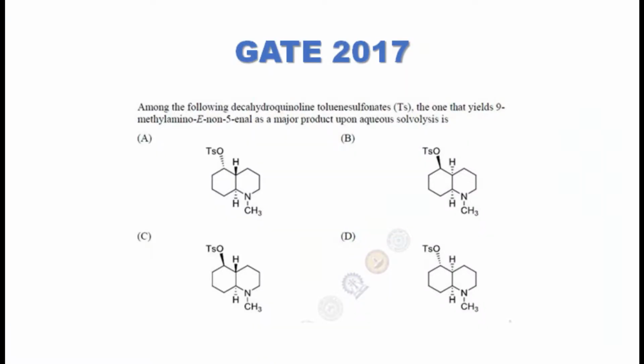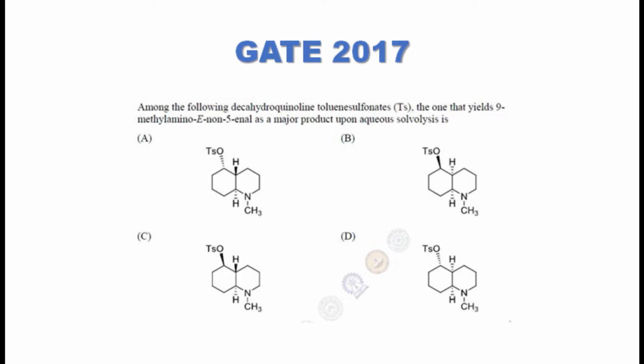The next question was asked in the GATE exam. There are 4 options given which undergo a reaction. The product is written in the question, so we have to find out. As I have discussed in the previous videos, how to draw cis and trans decalin rings with proper stereochemistry. These are not decalins, these are decahydroquinolines.